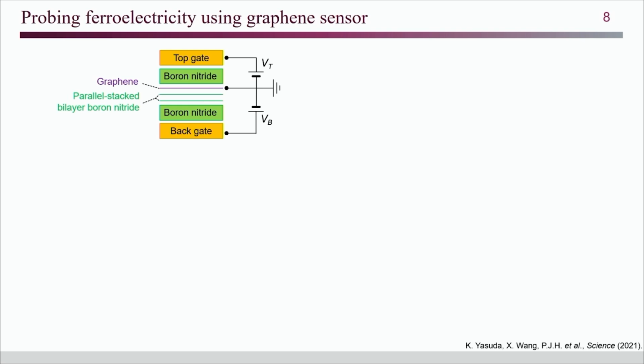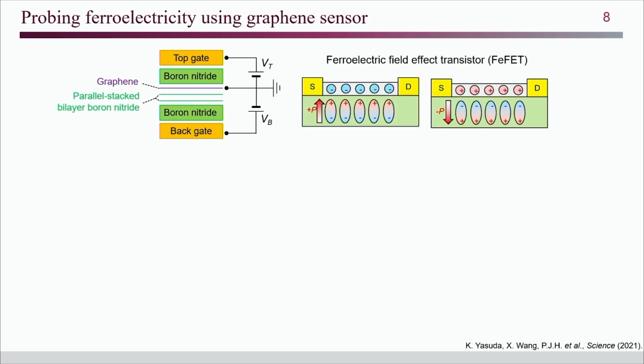I should mention that the two thicker boron nitride layers on the top and bottom are just gate dielectrics, so they are not ferroelectric materials. This effective field effect transistor structure works like this: depending on the polarization of the bilayer boron nitride, whether it's up or down, it can either induce electrons or holes into the graphene and lead to a resistance shift in graphene.